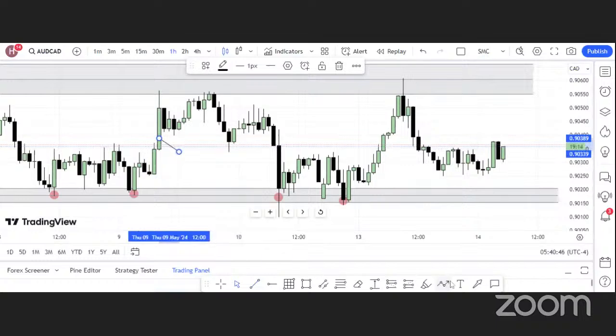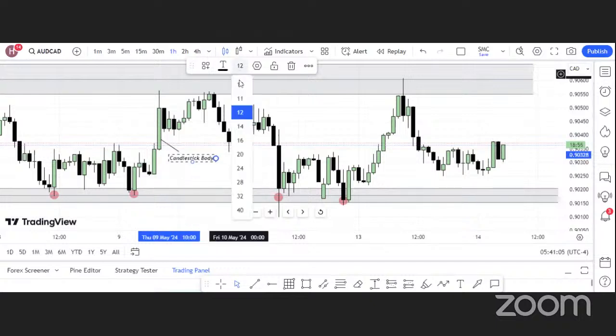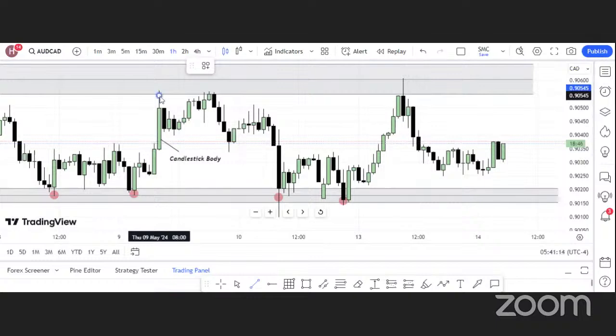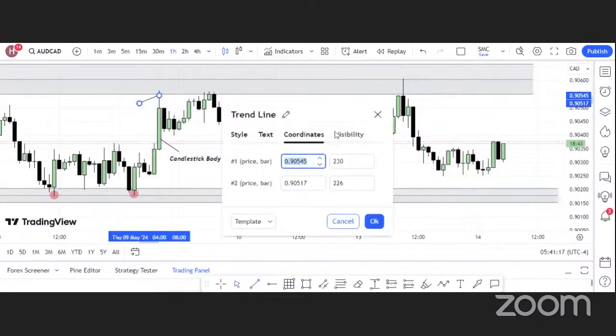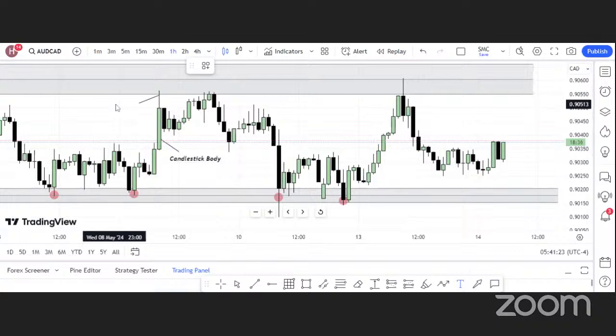So we have the candlestick body, and then we have the candlestick wick, the wick or shadow.